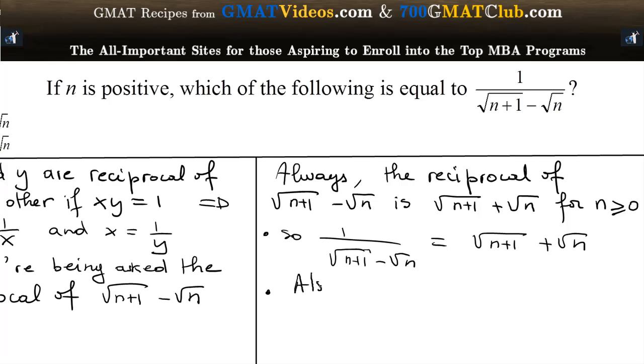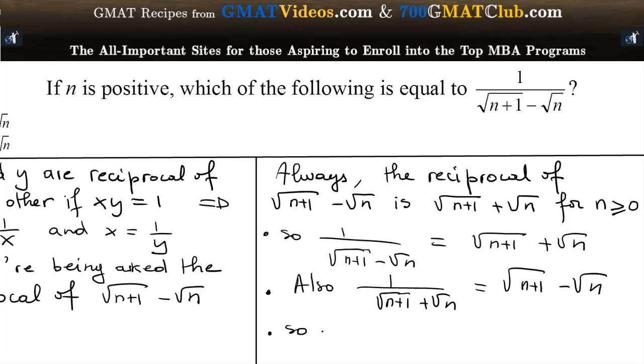Also, for the same reason, 1 over root of n plus 1 plus root of n is equal to root of n plus 1 minus root of n. And you could see that easily. You can just do a cross multiplication here. If you do a cross multiplication, you realize that this is true. And this is for every n non-negative again.